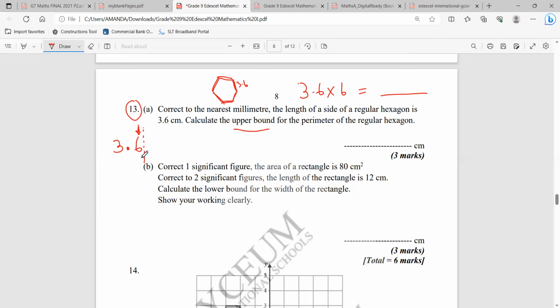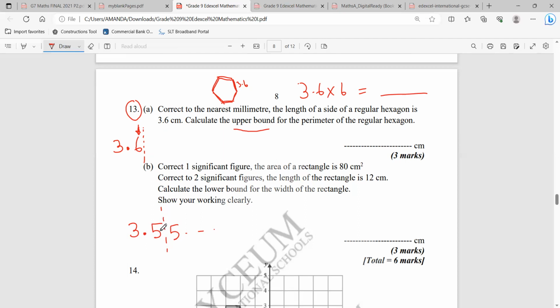For you to get a 6 here, if it was 3.5, or a figure something like 3.55, then when you cut off from here, because this is 5, it becomes 3.6.